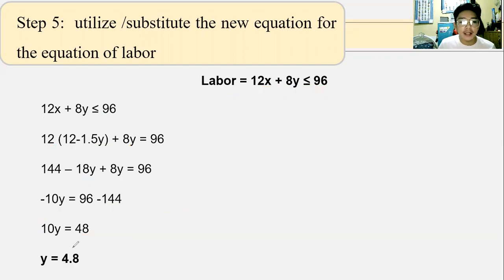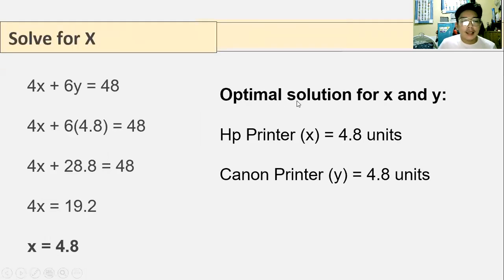Remember this one: the value of y is 4.8. Now we're going to solve for x. Just use another equation of constraints: 4x plus 6y equals 48.